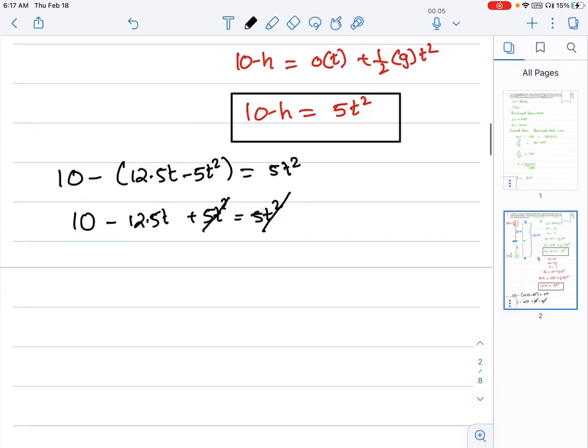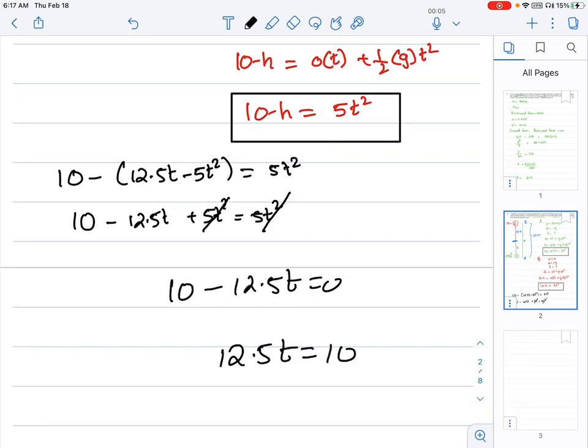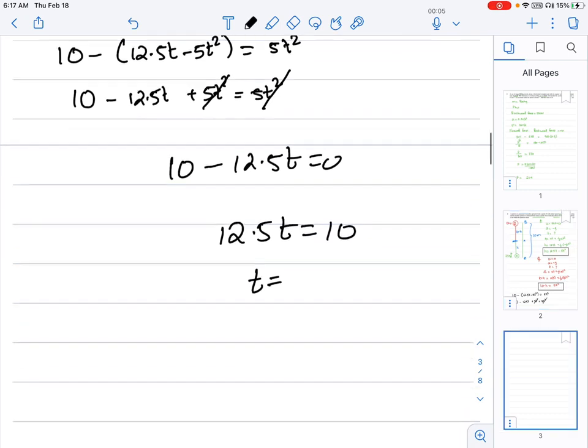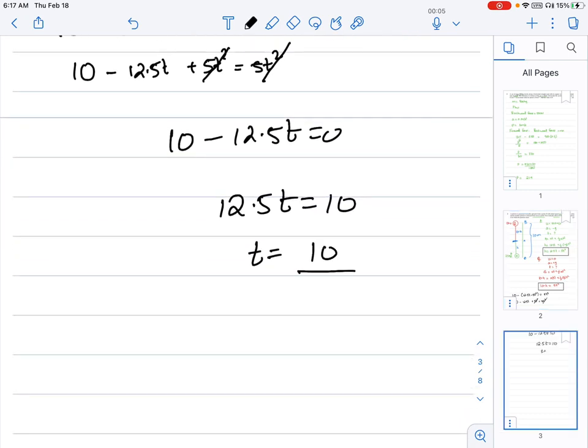Then I'll be getting 10 minus 12.5t is equal to 0. 12.5t is equal to 10. t is equal to 10 divided by 12.5, which gives me time is equal to 0.8 seconds.